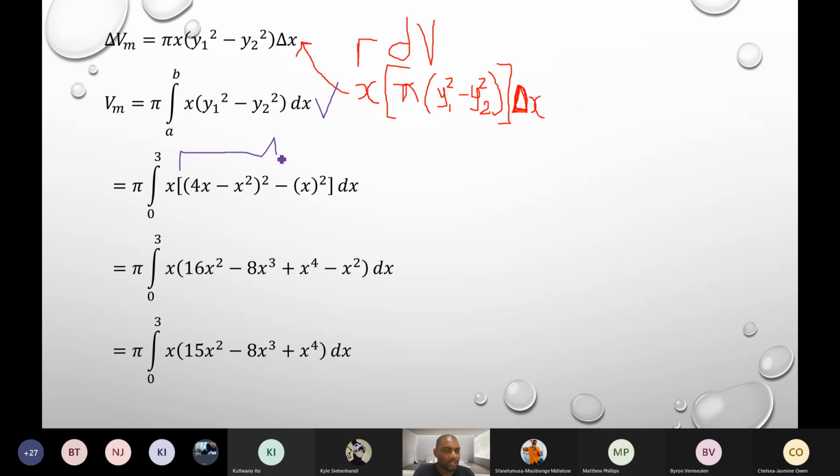You simplify that first before you multiply the X. Okay, just makes it more easy for you. Simplify, then you multiply the X. So I'm going to go to the next slide, right? Just to show you what final answer we have for volume moment. But this is how the steps that you do.